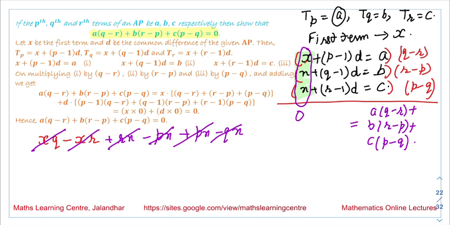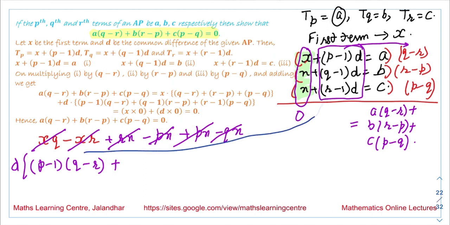That is equal to, when we solve these values and multiply them with these terms, the answers we are getting, d will be common from all these, so it is p minus 1 into q minus r plus, I am talking about this term over here, d is common from all this.